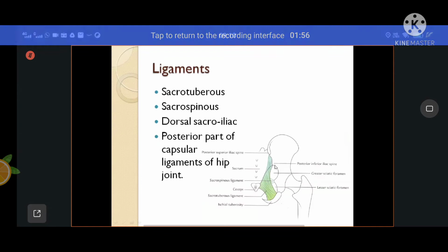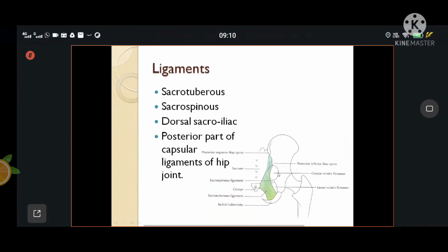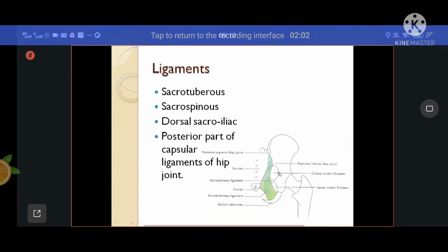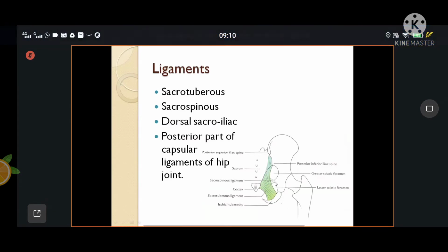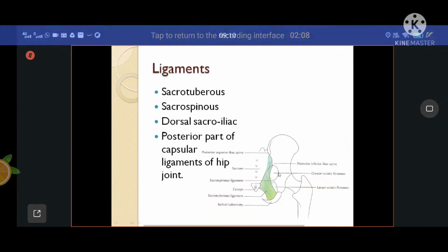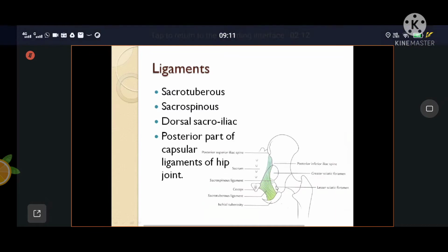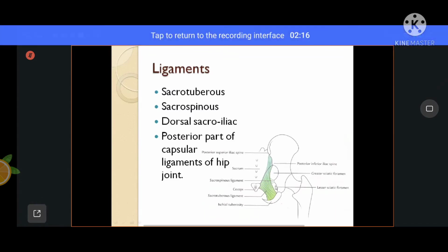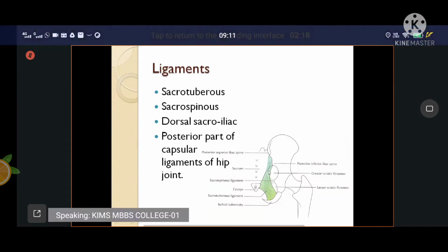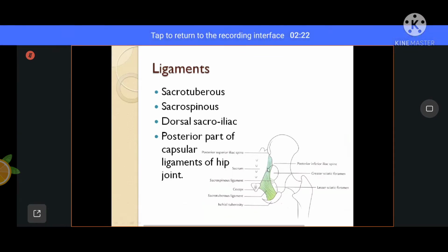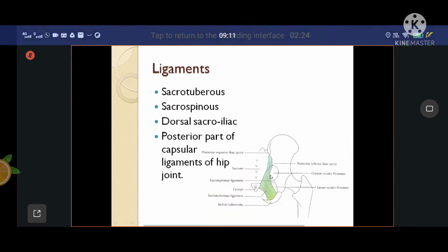And you can see here, when we were studying the hip bone, you saw this is the greater sciatic notch, and this is the lesser sciatic notch. The greater sciatic notch and the lesser sciatic notch are converted into the greater sciatic foramen and lesser sciatic foramen by these two ligaments: the sacrotuberous ligament and the sacrospinous ligament.